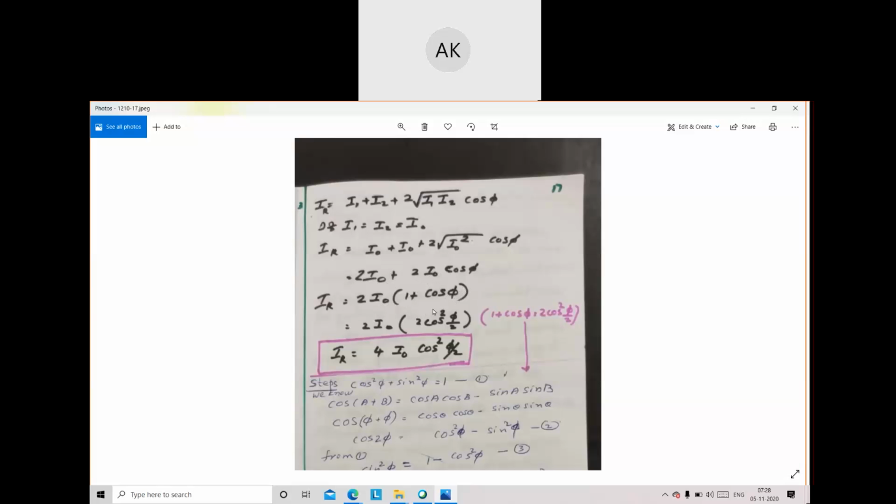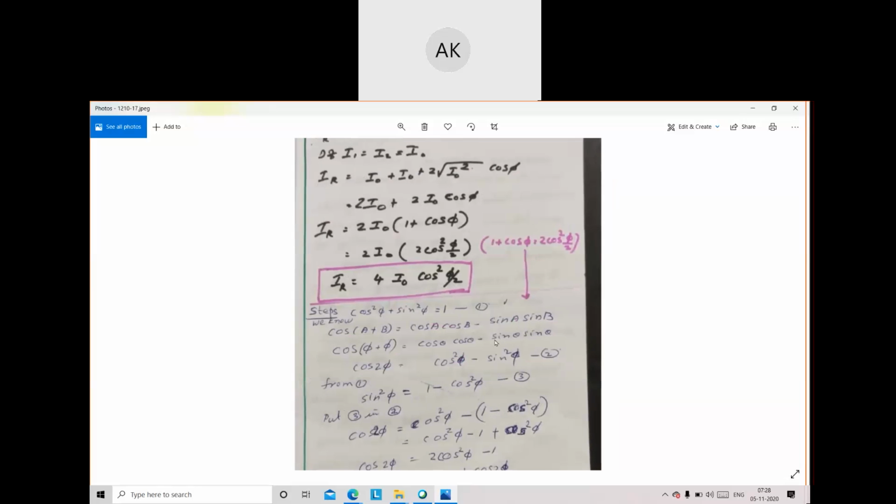And this 1 plus cos phi we can write as 2 into cos square phi by 2. How we got that step is explained here. So for doing problems, you just remember this formula, and that is 4I0 cos square phi by 2.